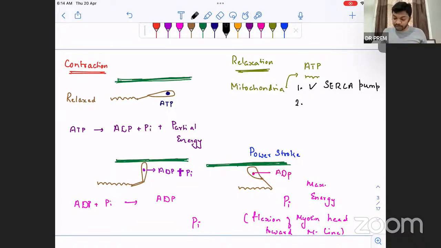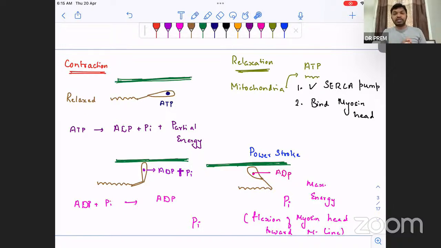Number two, the same adenosine triphosphate is going to bind with myosin head. When adenosine triphosphate binds to myosin head, you can understand that the head of myosin takes up a flat orientation. In this flat configuration, the head of myosin is going to stay away from actin.